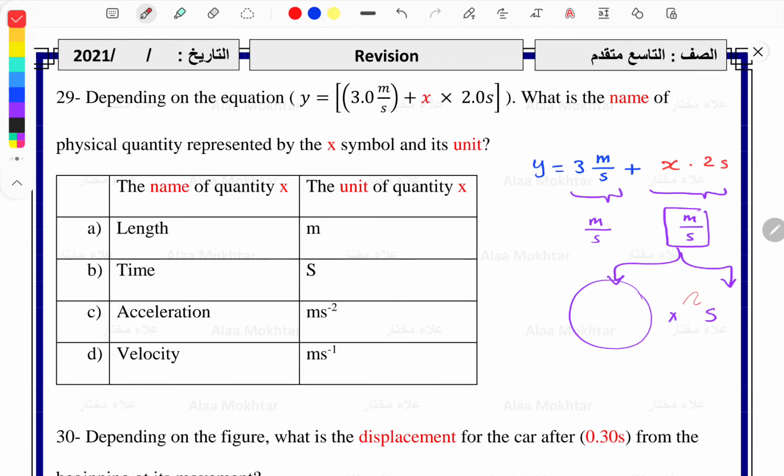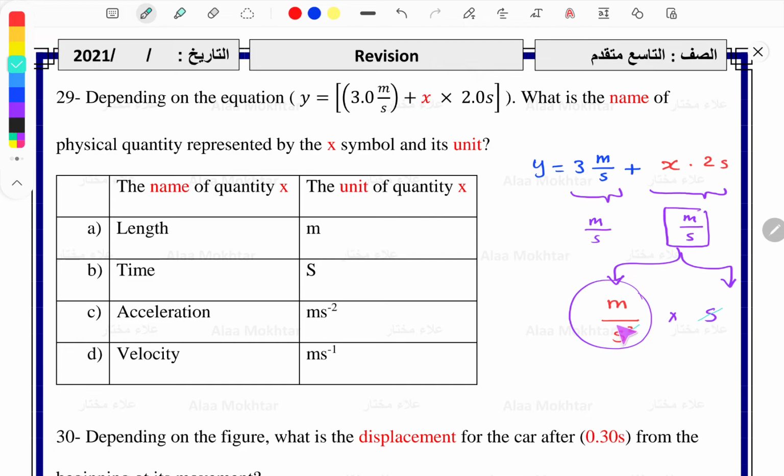I will write meter. I need to get meter per second, so I write meter divided by second square. Is it correct? Yes, it's correct. Why? Because if I cancel second with this square, I will get meter per second again. Okay, meter per second square.